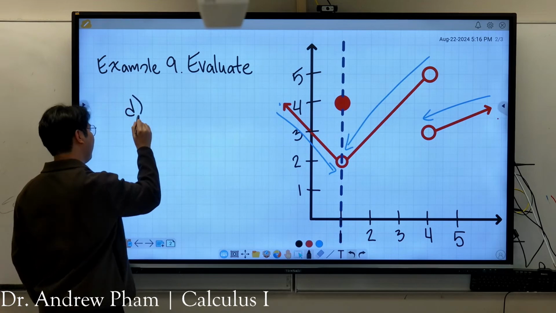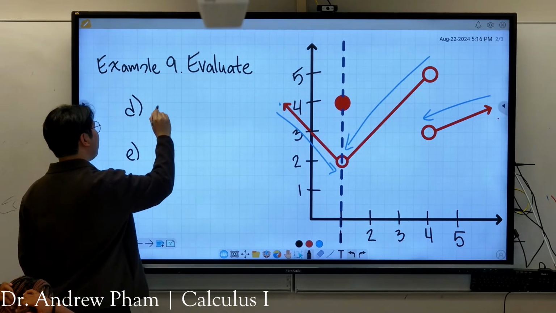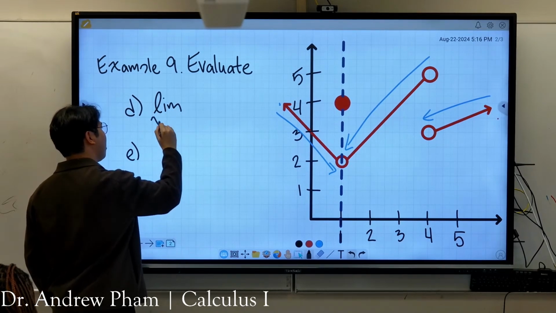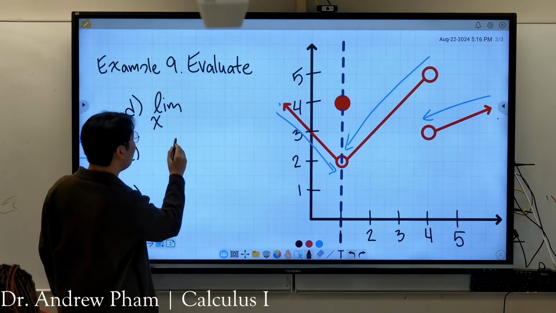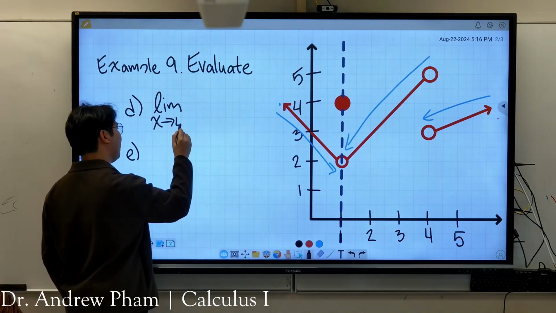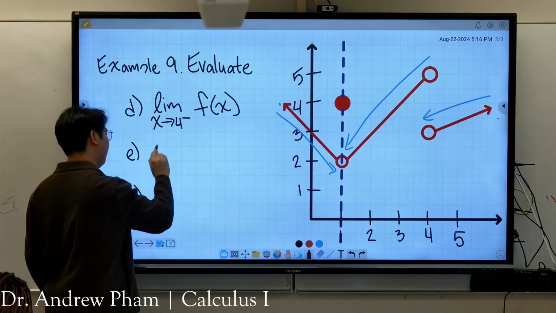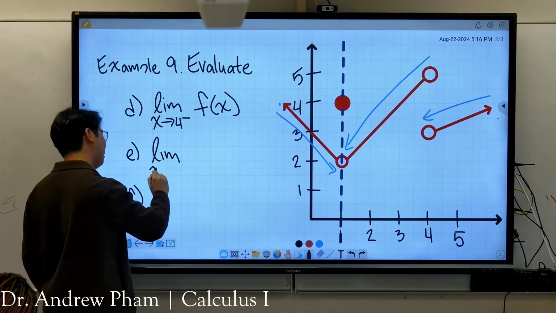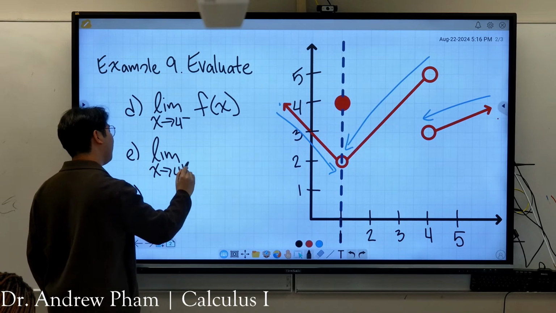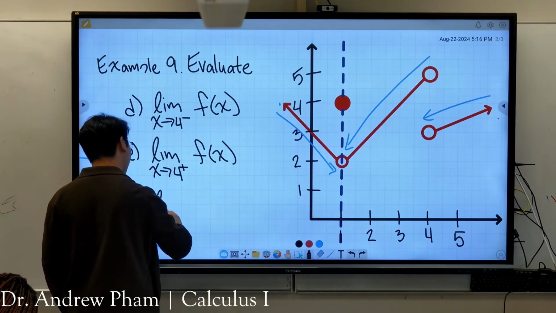So D, E, F. Let's do the limit as x approaches 4 from the left, right, and two-sided. So from the left, from the right. And then our regular plain two-sided limit.